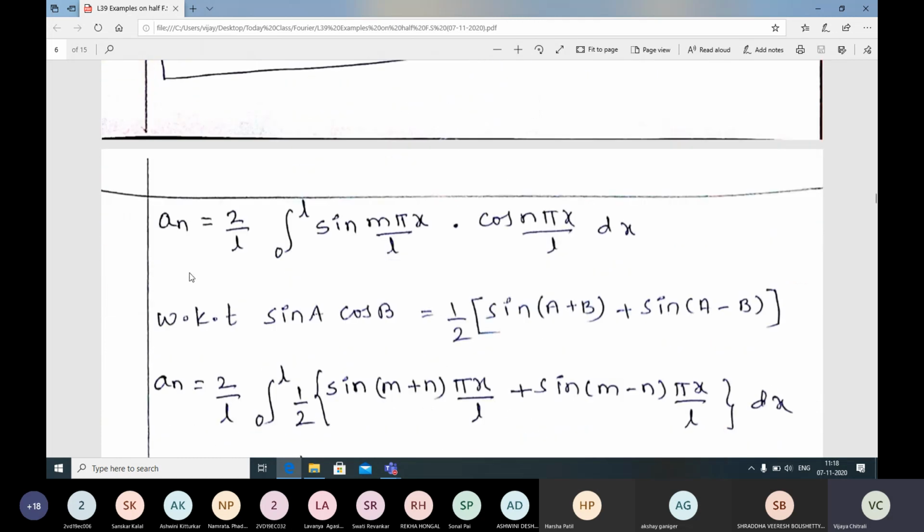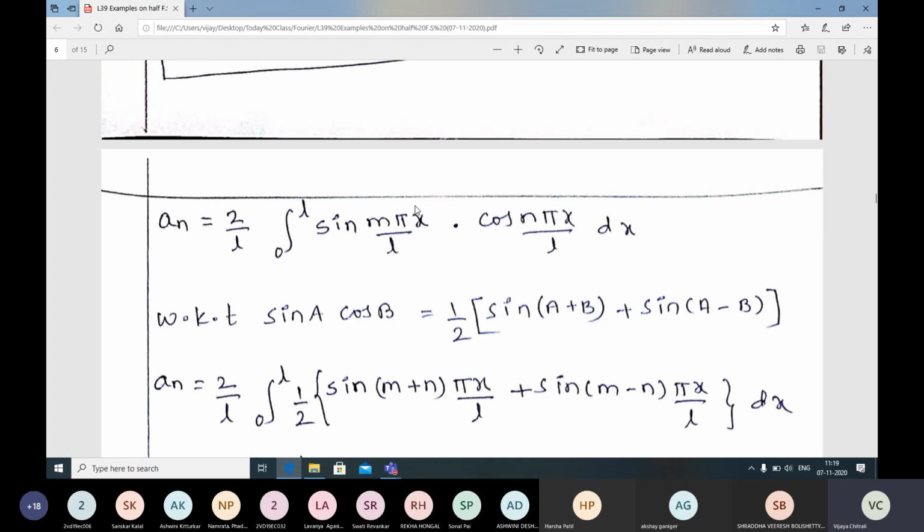Now find here a n. So a n is equal to 2 by L integration from 0 to L sine m pi x by L, this is f of x, cos n pi x by L dx. What we have here is sine and cos, a product of two functions. We know that sine a cos b is equal to 1 by 2 sine a plus b plus sine a minus b.